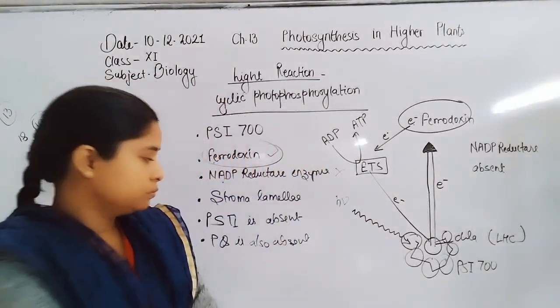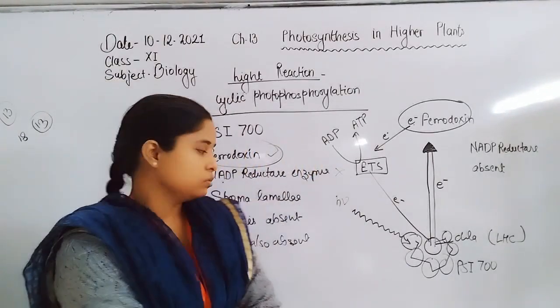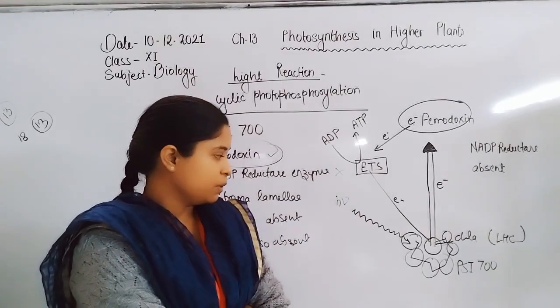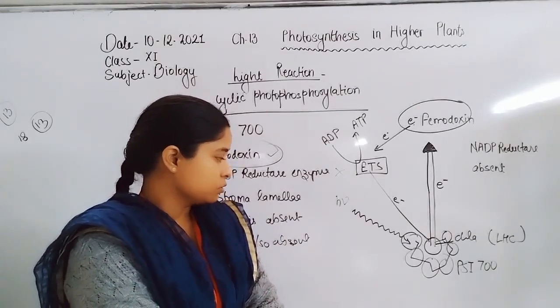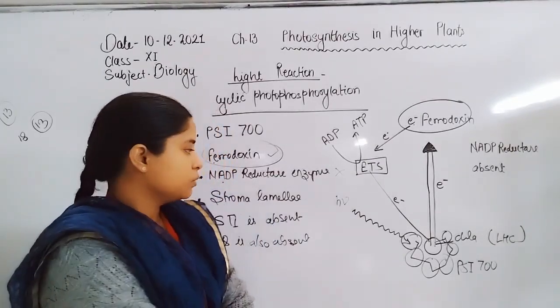When the photon strikes the light harvesting complex, the energy passes through the accessory pigments and finally gets transferred onto chlorophyll A, which forms the reaction center.